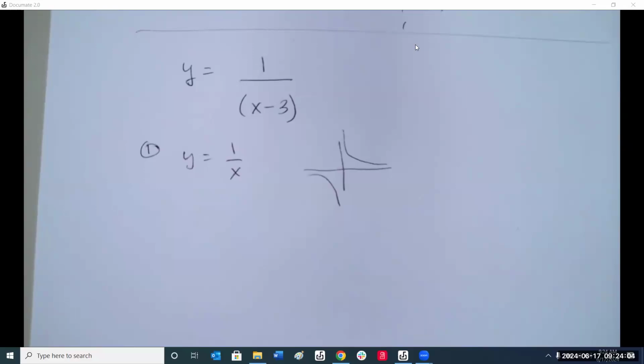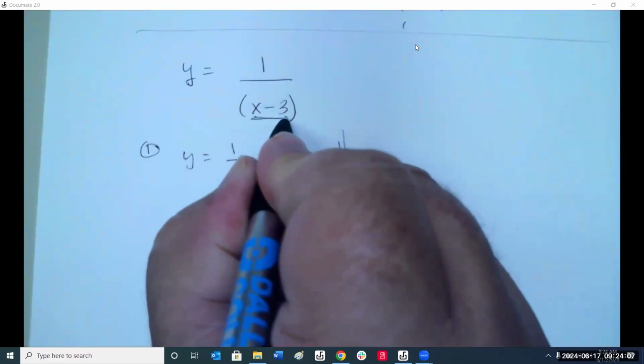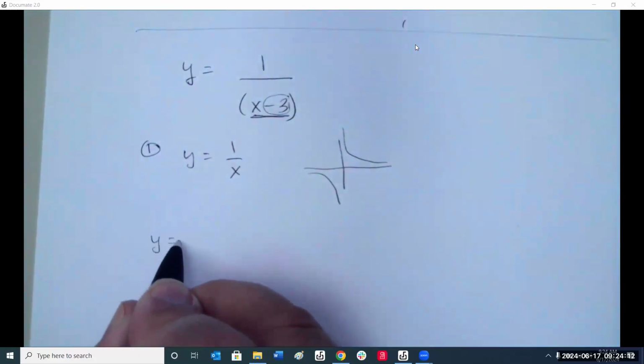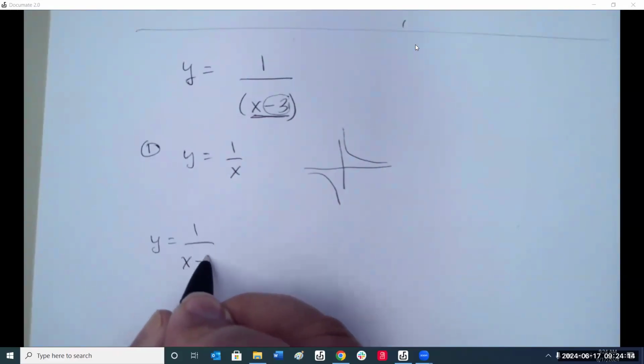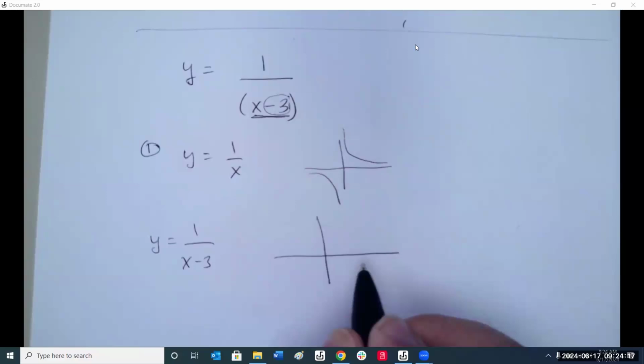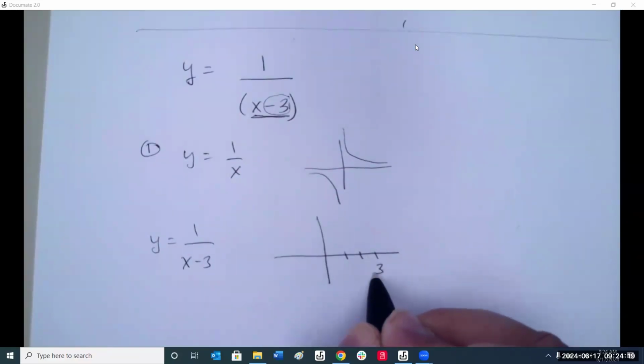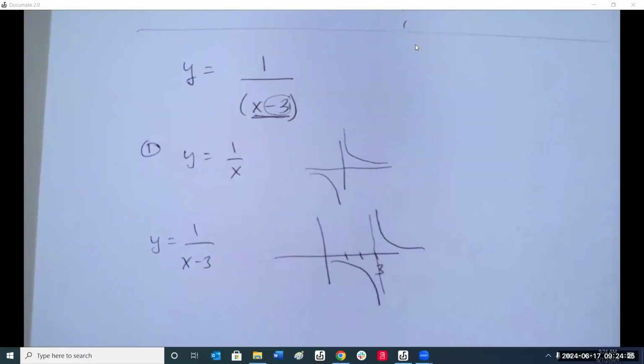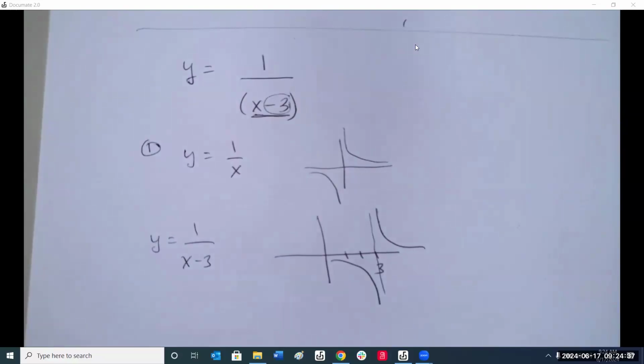Right. Very good. Because it happens inside the parenthesis, inside the function, and it's the opposite number. So what that does, it shifts it to the 3, and there's your new origin. So the graph still looks the same there, but it shifts to the right 3 spaces. Again, if it happens inside the function, it's horizontal.